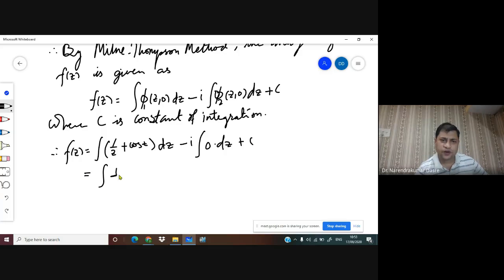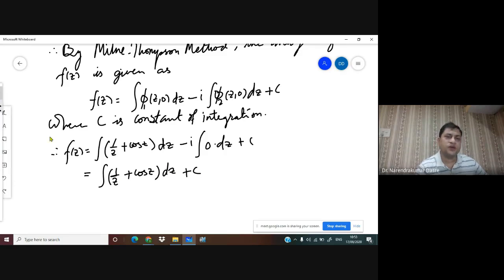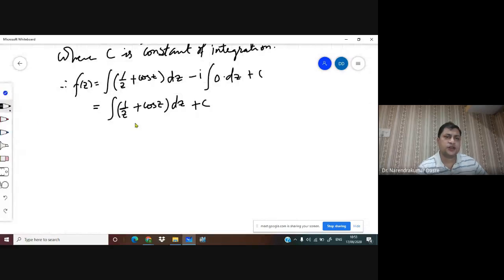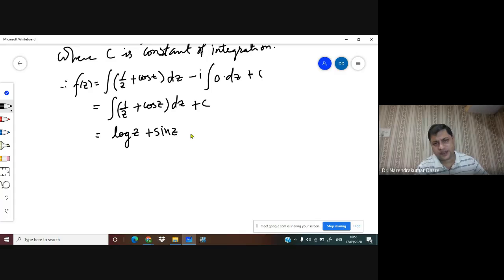So this is equal to integral 1 upon z plus cos z dz plus c. Now we know the integration of 1 upon z is going to be log of z, and cos z integrates to sine z plus c. So we got here f of z is equal to log of z plus sine z plus c.